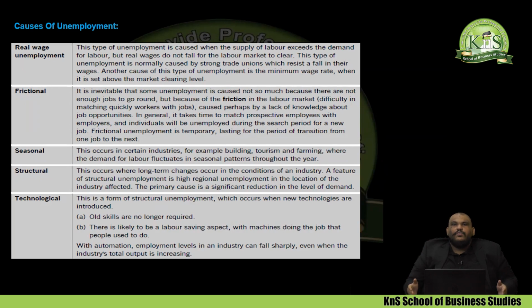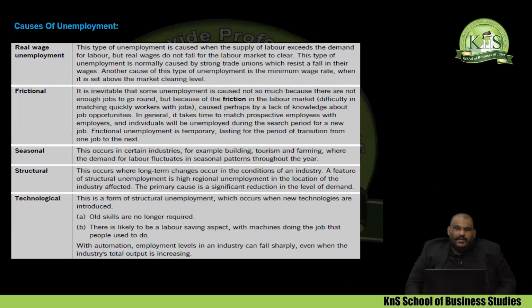But all of these things will end once winter starts. With 9 months of summer, business is going awesome, and many people are buying those ice creams and shakes and juices. But once summer ends, those people might not be buying the ice creams and all those refreshments, so a low demand will result in people being laid off. That's called seasonal unemployment.